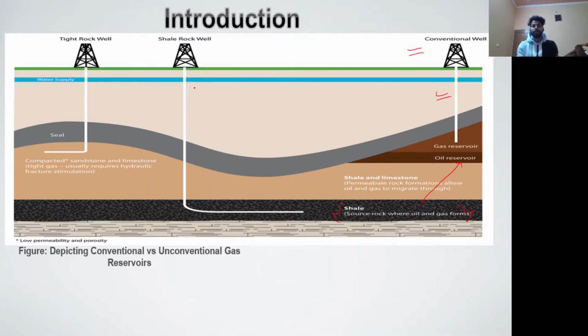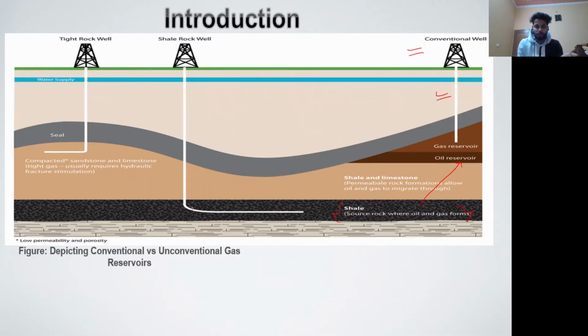That is, instead of a vertical well, because if you drill a vertical well and make a perforation here, because of the ultra low permeability of the shale rock reservoir, the production from the shale reservoir won't take place because the oil and gas reserves that are present over there don't have the flow channel through which they can be produced.